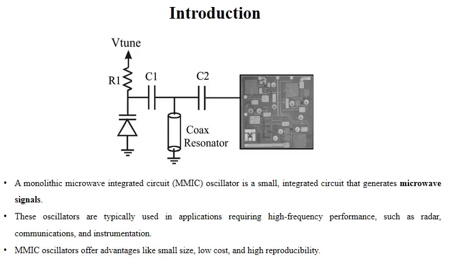So here is a simple RFIC oscillator system. A MMIC oscillator is a small integrated circuit that generates microwave signals. And these oscillators are typically used in applications requiring high frequency performance, such as radar, communication and instrumentation, and highly effective.